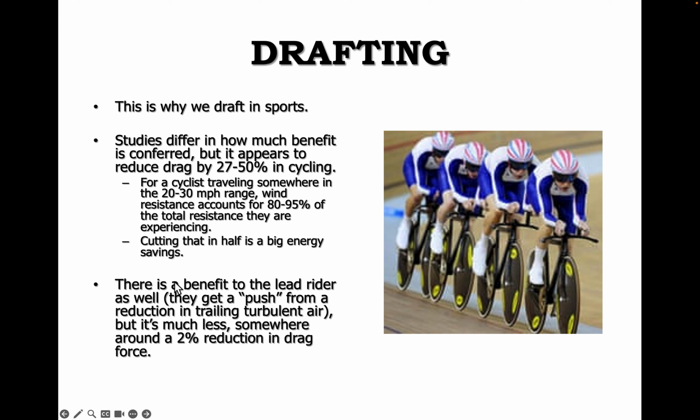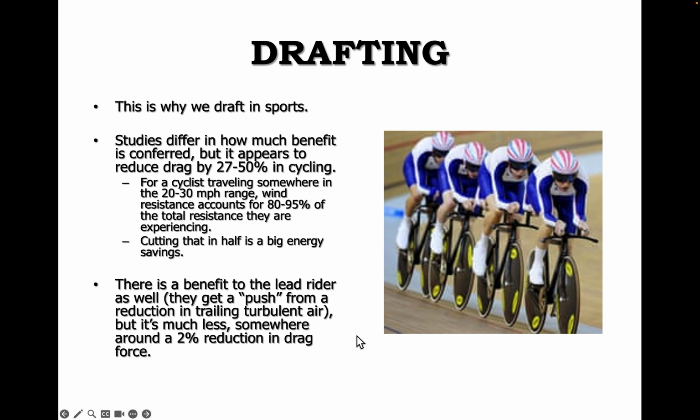Now, one thing to note is there is a small benefit to the lead rider as well. They essentially get a push from a reduction in trailing turbulent air. We'll talk about this a little later in the PowerPoint slide set, but just understand there is a little benefit for the lead rider out front. The amount of extra push they get is much less than the drag being cut off by the people in the back.